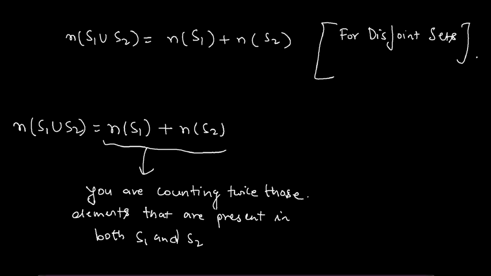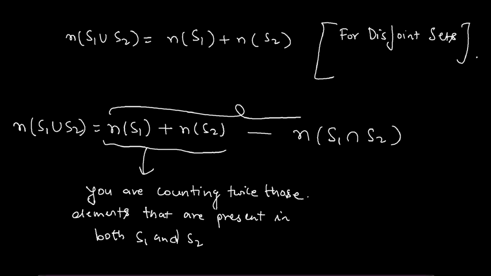So what you will do is subtract one time the number of elements in S1 intersection S2. Okay, and so this is the overall formula.